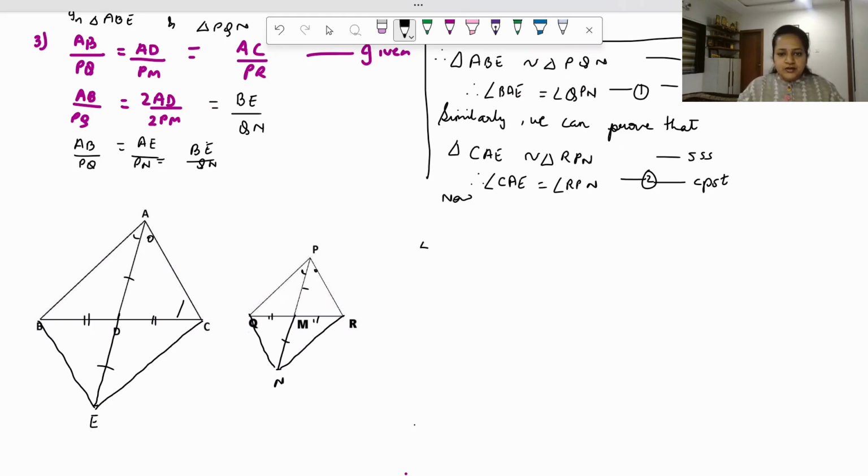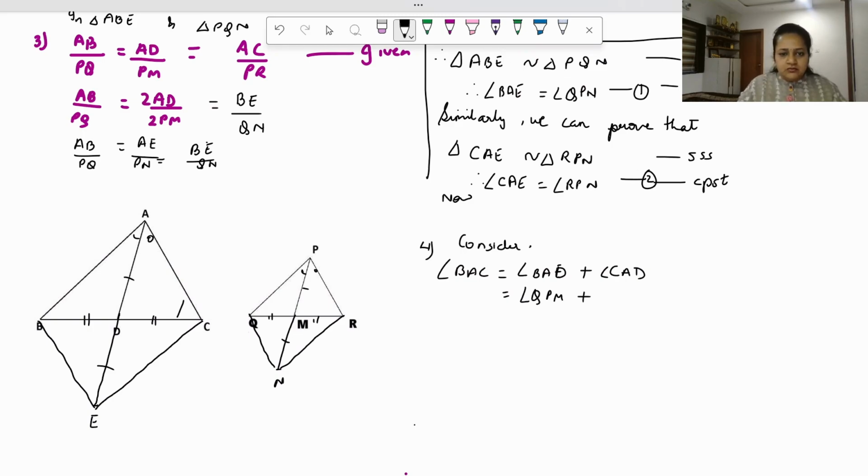Now moving further, we write, consider angle BAC. What is angle BAC? Angle BAC is angle BAD or BAE plus angle CAD. But BAE or BAD is nothing but QPN or QPM.